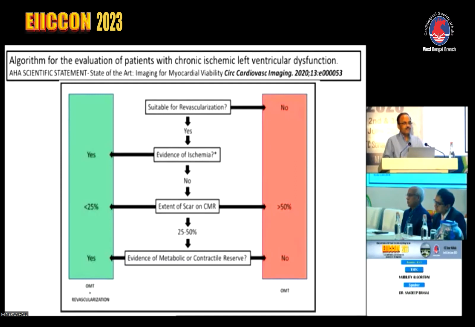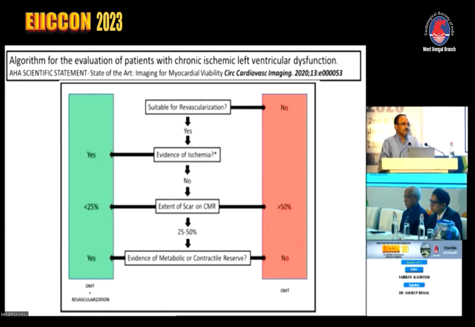So the algorithm, which is given by the AHA scientific statement in 2020 on the imaging for myocardial viability. If your patient is suitable for revascularization, he goes to the second step. Then you assess whether there is presence of ischemia or not. If there is no ischemia, look at the extent of scar.